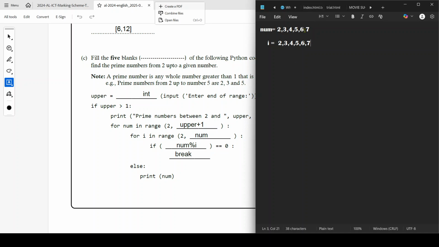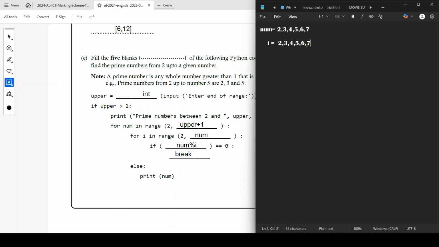Going to another number, here comes 5. What are the smaller numbers for 5? 2 divides it, the mod is not 0, so it will print. And then 6, it is going to divide by 3 and itself, 6.